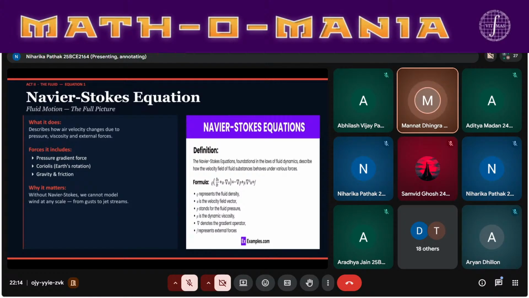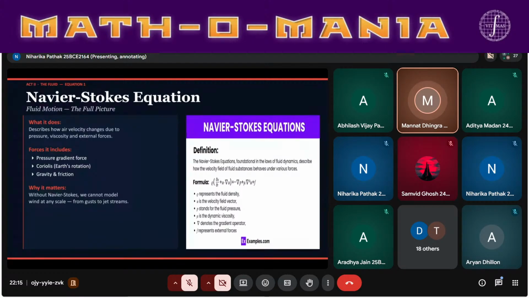This is equal to minus del p. That minus is the force acting in the opposite direction. Del is the operator, and p is fluid pressure. Plus mu, which is the dynamic viscosity, times del square of u, where u is the velocity field vector, plus f, which is all the external forces acting.